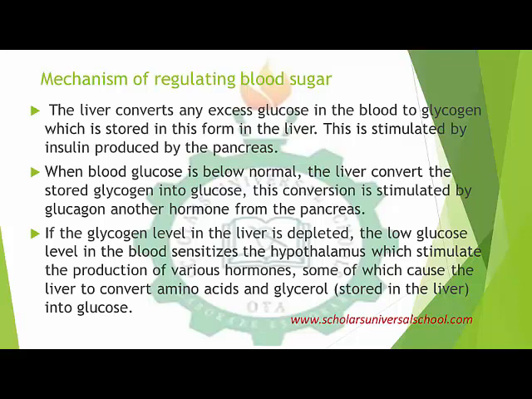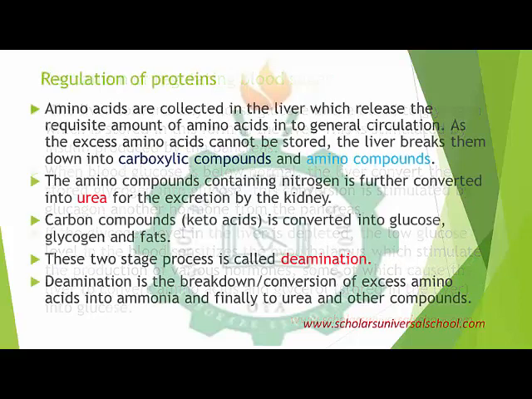So alternatively, if there is no other way, the liver will always find a way, as long as it is stimulated by the hormones that will be induced by the hypothalamus, to convert amino acid and glycerol into glucose. So by so doing, the liver will regulate the amount of sugar in the blood.